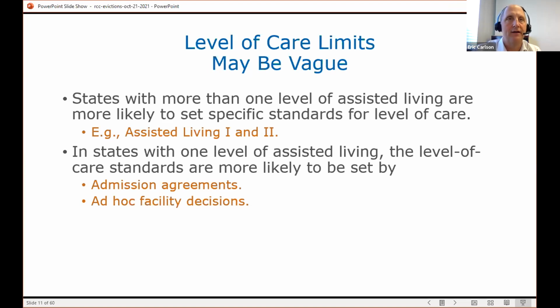And that's the way it oftentimes plays out, unless residents are savvy enough and determined enough to dig in their heels a little bit and force the facility to retain someone, for example, or to provide a level of care that the facility would, given its druthers, prefer not to provide. Next slide, please.